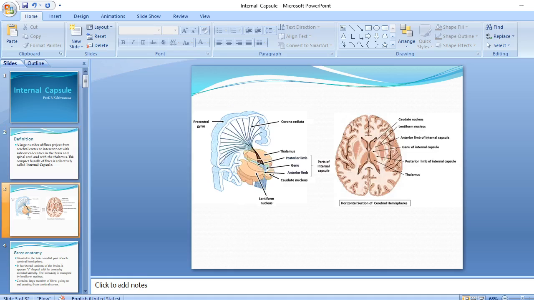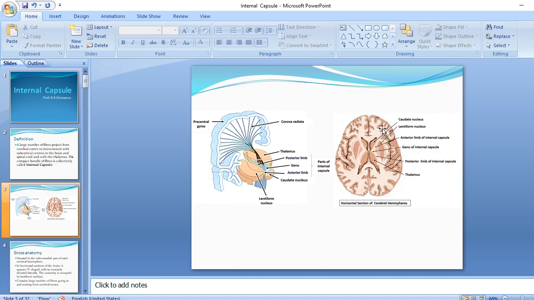Here in this diagram, you can see how the fibers from the cerebral cortex come down and pass between the thalamus and the caudate nucleus medially and lentiform nucleus laterally here.